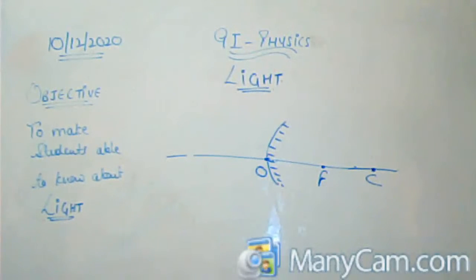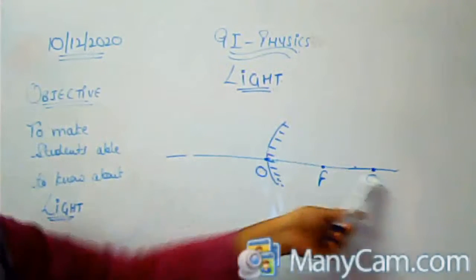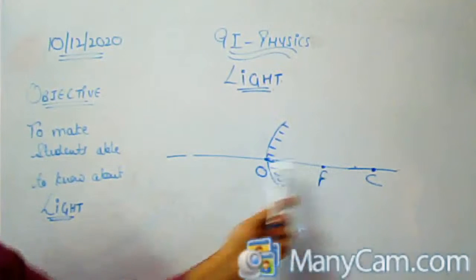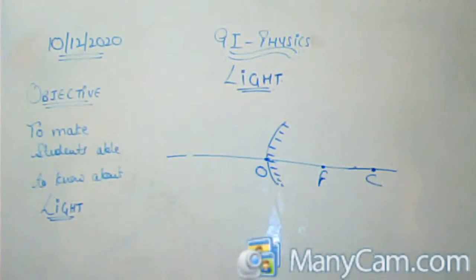Okay. Length CO is called the radius of curvature. Length FO is called the focal length. Fine, this you are aware of.